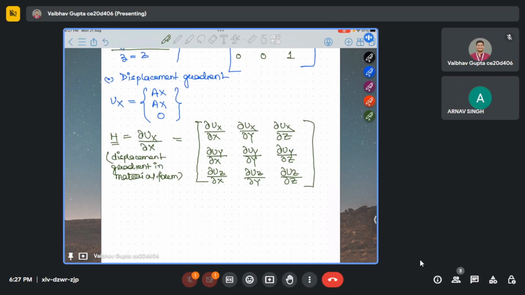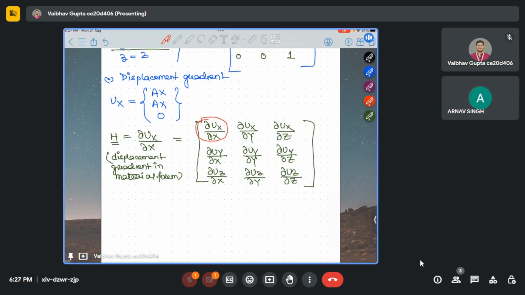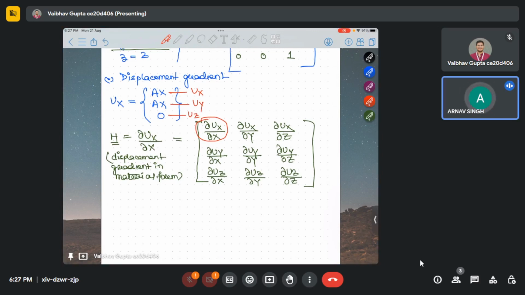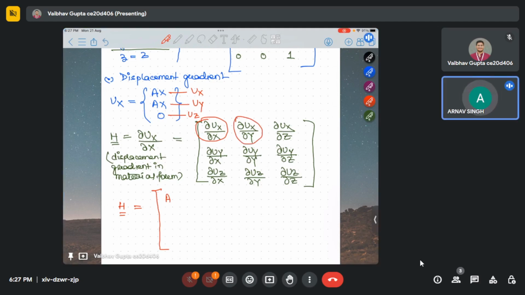So now, what does this first term mean? It means the derivative of capital X term in the UX equation. This is UX, this is UY, and this is UZ. So this first term becomes 1. No, A, derivative of X. This becomes 0, derivative of the Y term in UX. 0. What does this become? This becomes 0. Correct.